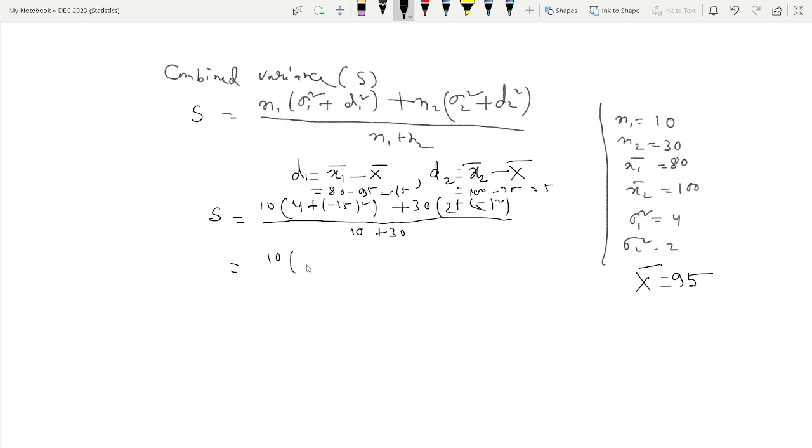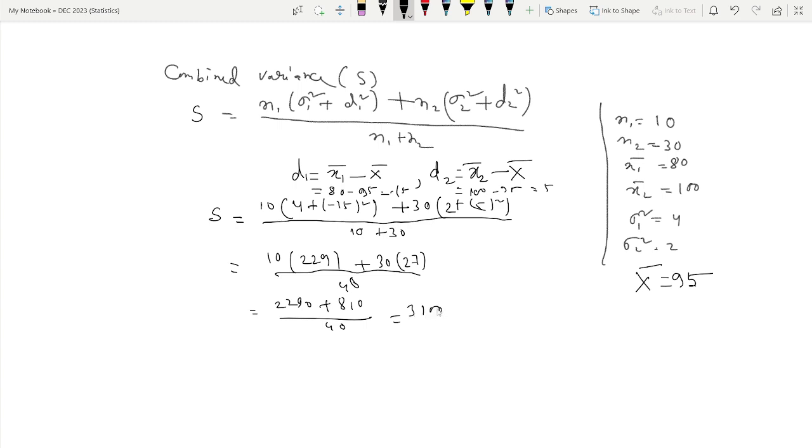10 into 229 plus 30 into 27 divided by 40 is equal to 2290 plus 810 divided by 40.